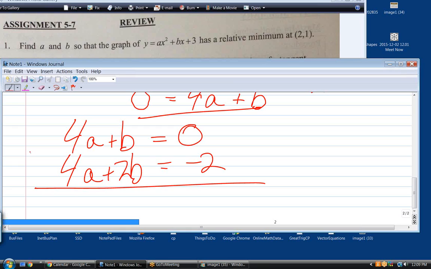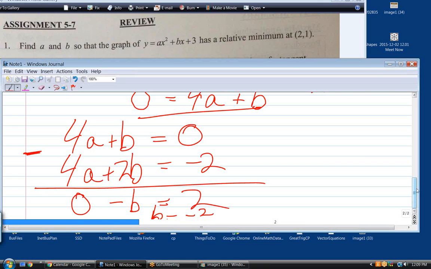Okay, so if I can add or subtract any equations, well, I'm going to subtract them. Now I have b minus 2b, which gives me that. And I have 0 minus a negative 2, which gives me that. So that tells me b is equal to minus 2.